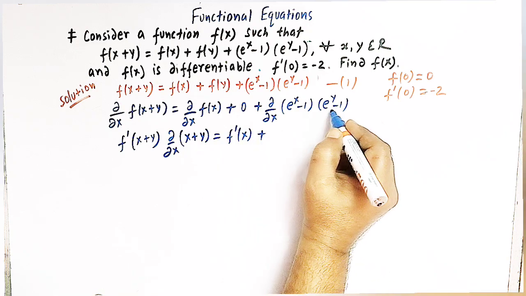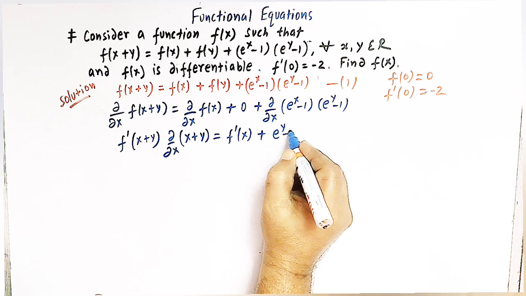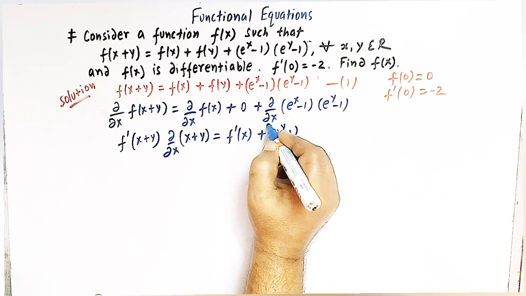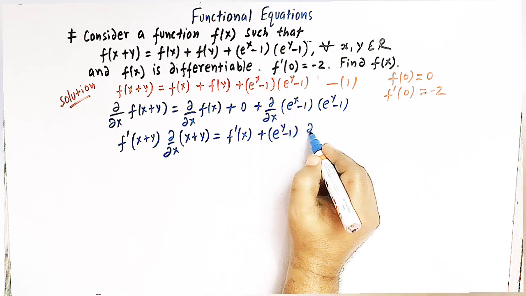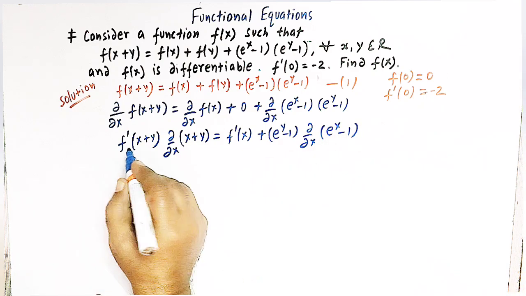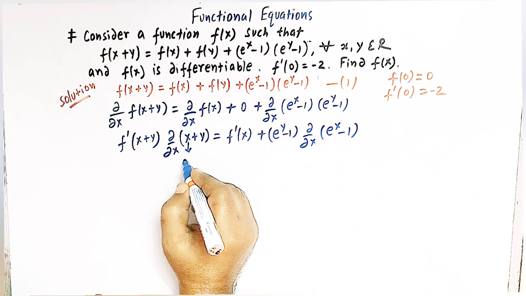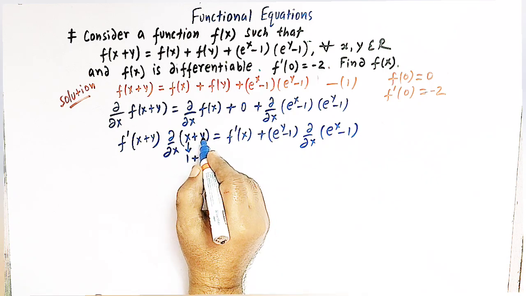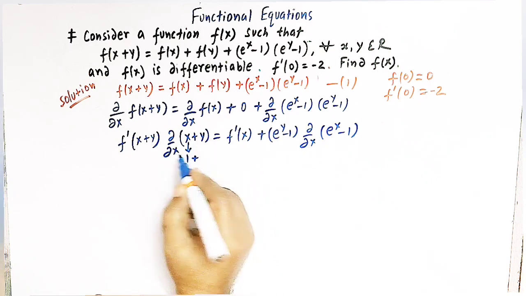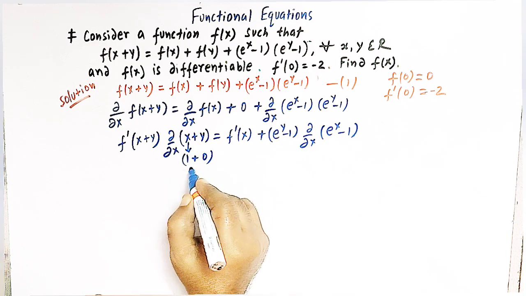Then e raised to y minus 1 is a constant, so we can take it outside the operator, and we have del by del x of e raised to x minus 1. The derivative of x with respect to x is 1, and the derivative of y with respect to x is 0, so this is 1 plus 0, which is 1.